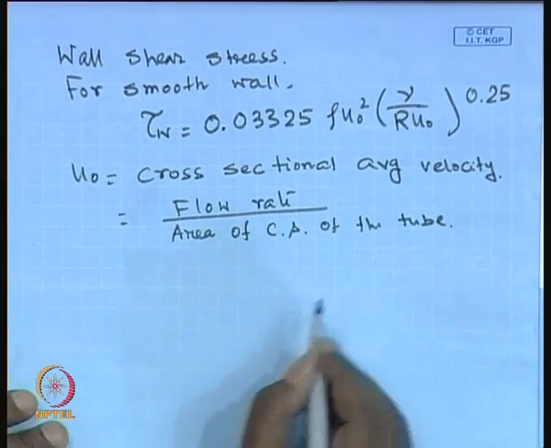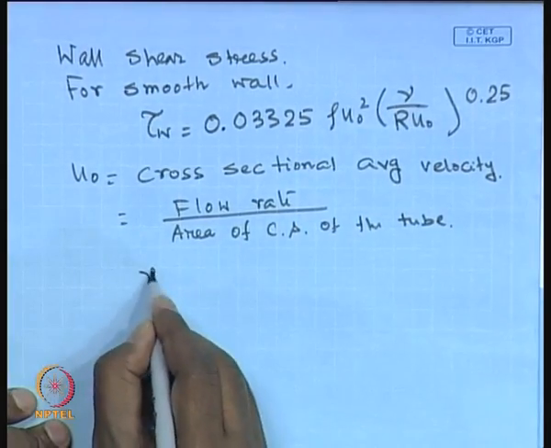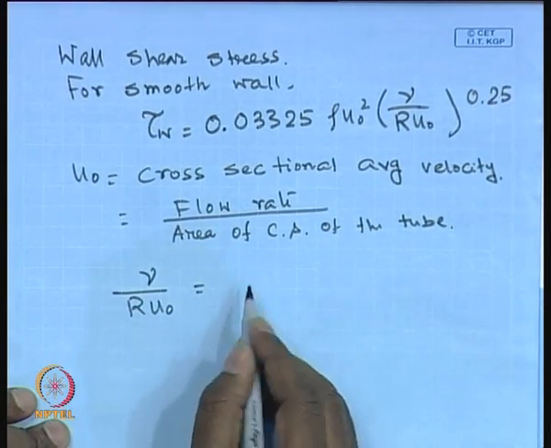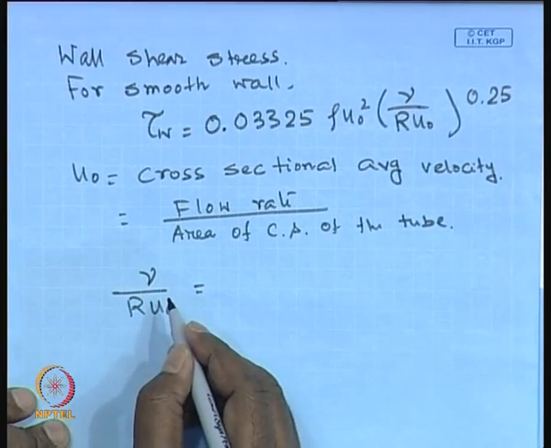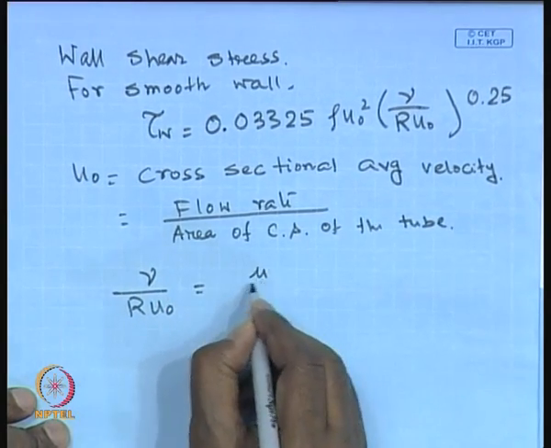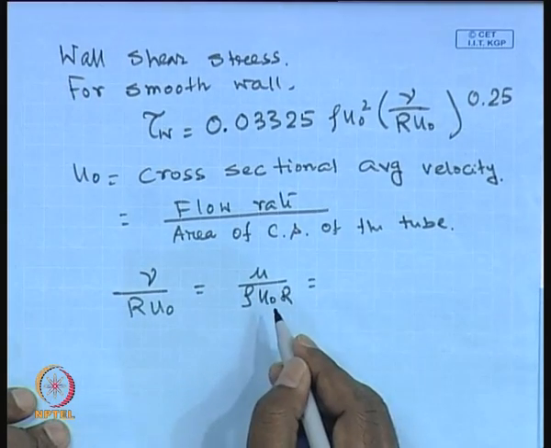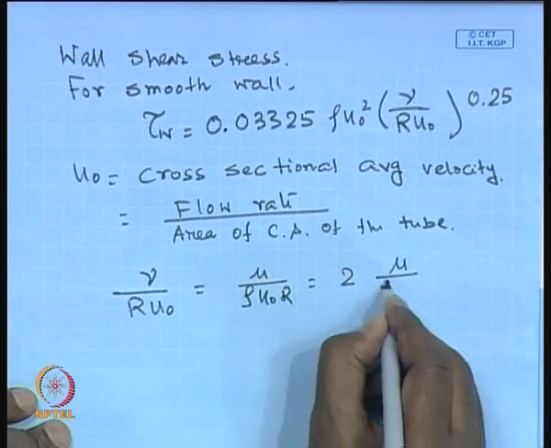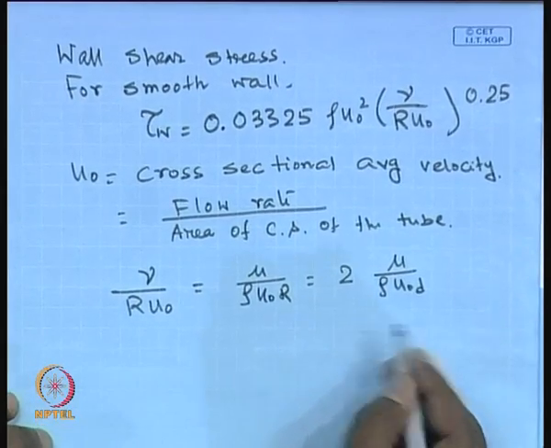Now, the thing within the bracket, nu by r u naught, is nothing but, since nu is mu by rho, you multiply and divide by 2. So, this becomes 2 mu by rho u naught d. D is the tube diameter, because it is flow through a tube geometry.